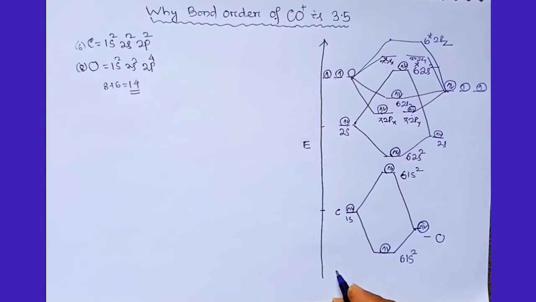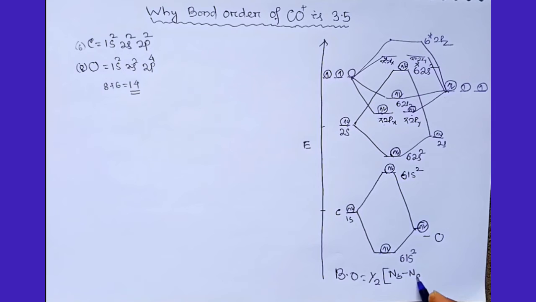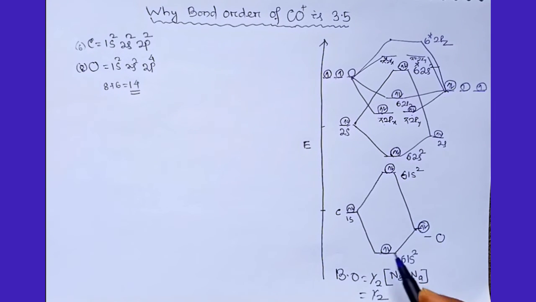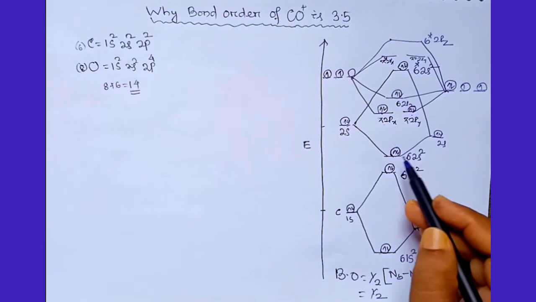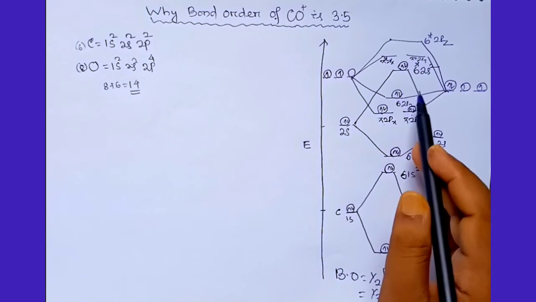Now if we calculate the bond order, what is the formula of bond order? Half times the number of electrons in the bonding molecular orbitals minus the number of electrons in the anti-bonding molecular orbitals. So what is the number of electrons in the bonding molecular orbitals? 1 2 3 4 5 6 7 8 9 10.